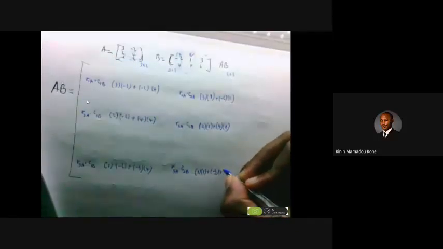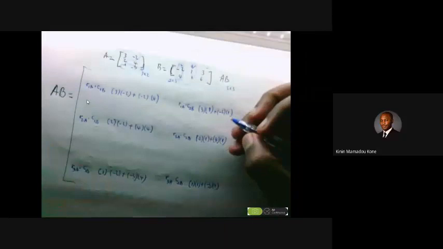Next is this one times that one. So 1 times 1 plus negative 3 times 1. Now the third column, this column over here, is going to be this one times that one. So this vector times this vector. So 3 times 3 plus negative 2 times 6.